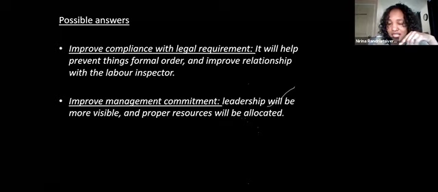See, it's tailored to the scenario. And improving management commitment: leadership will be more visible and proper resources will be allocated. Why again? Because the scenario mentions that the management are not visible on site and resources are not allocated properly.